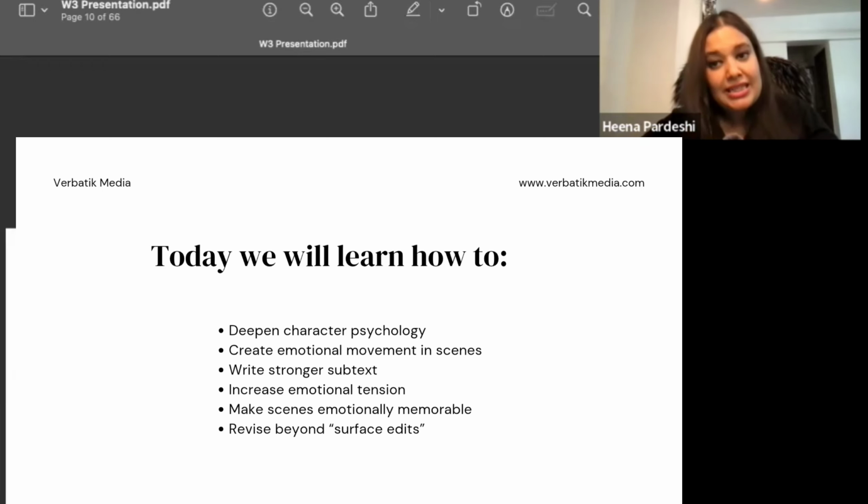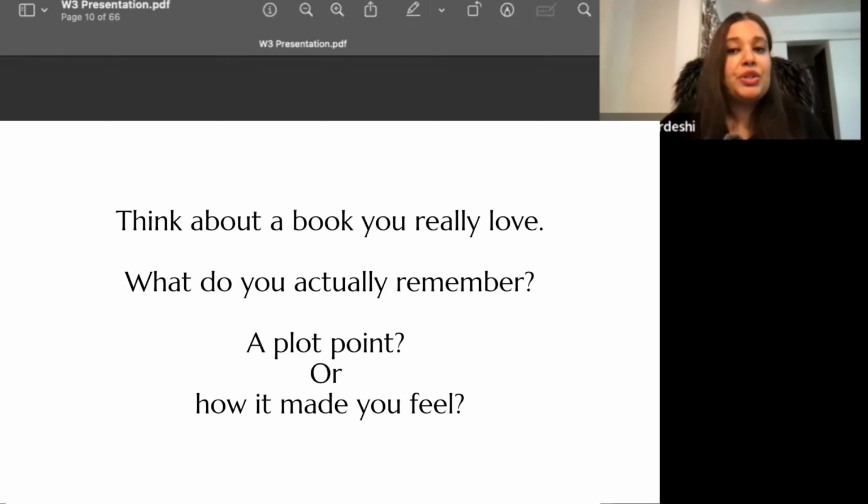Because emotional revision is usually where manuscripts undergo their biggest transformation. Now, before we move forward, I want everyone to quickly think about a book you really love. Not just admire intellectually, but emotionally love. And ask yourself, what stayed with you? What do you actually remember?